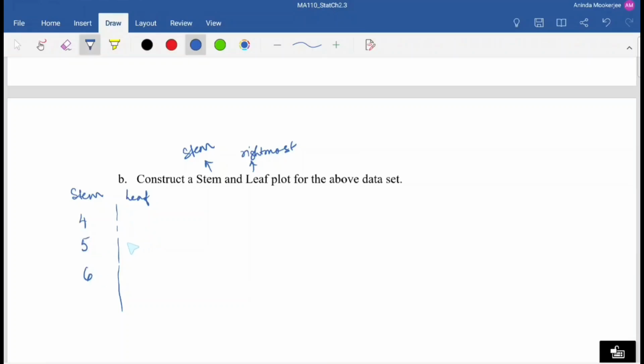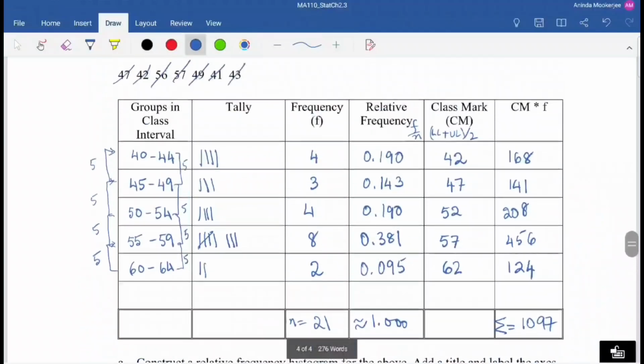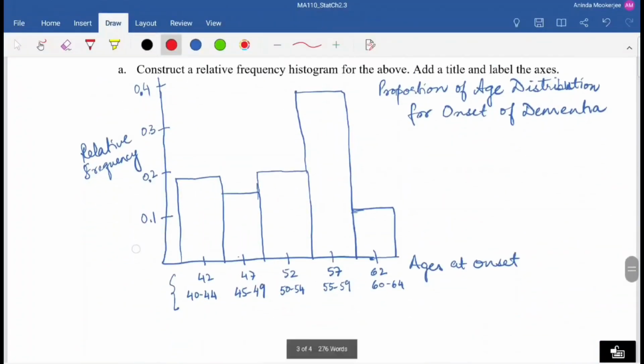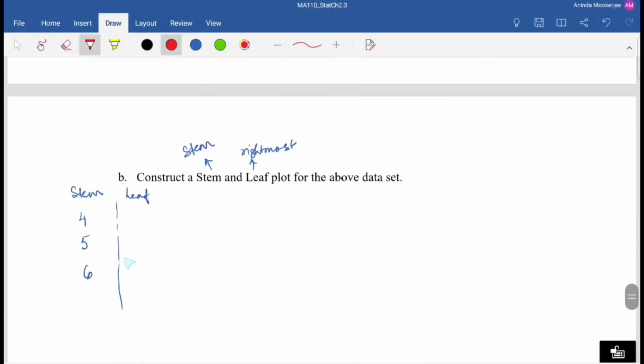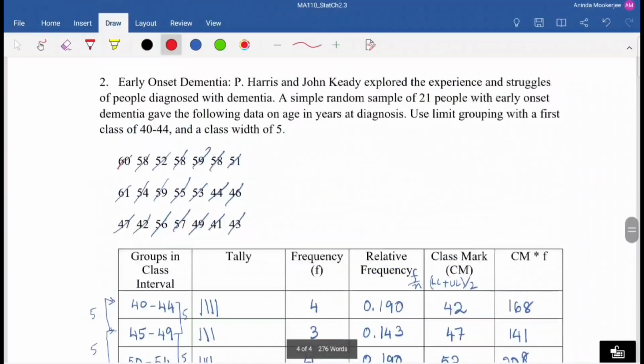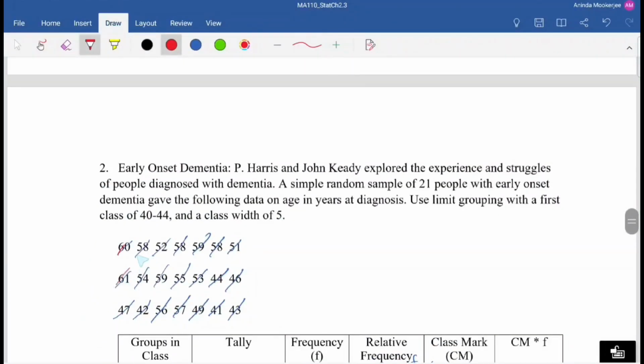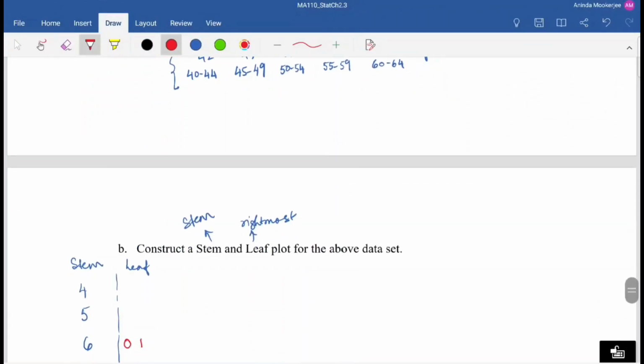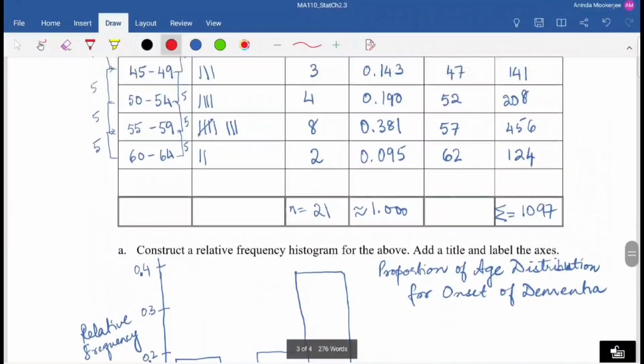Now we have to write the leaf digits, correct? So we have to go through this one by one again through this list. So the first one is 60. So we go and put a 0 next to 6. And then what's the next value? It's 61. So I'm going to go and put a 1 in the row for 6.